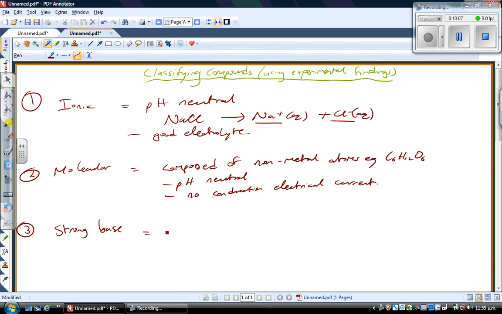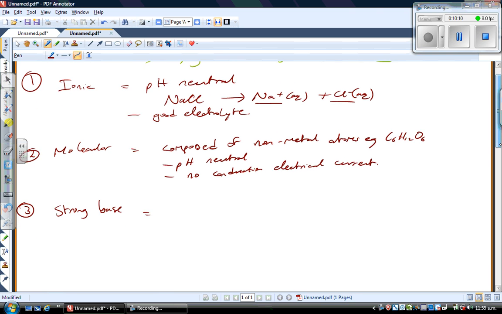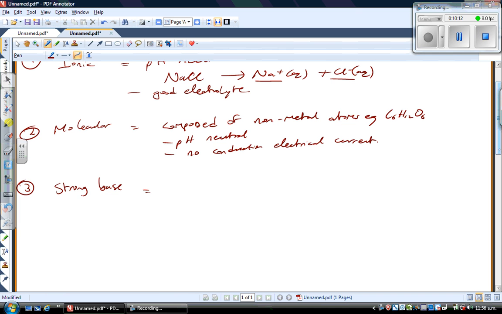The third type of compound you can have is a strong base. And you came across plenty of strong bases now at this stage in your scientific studies. In junior science, you would have looked at the strong base sodium hydroxide, ionic in nature, because of course sodium hydroxide has both a metal and non-metal component, which is the definition of an ionic compound.